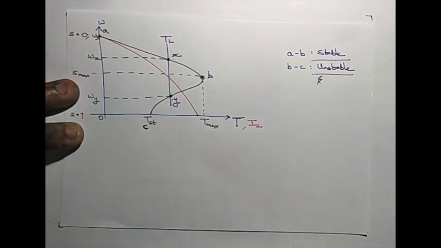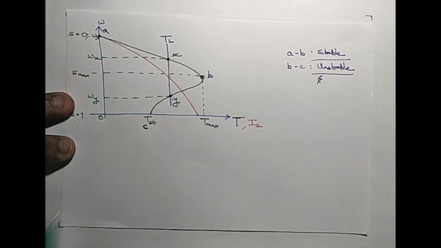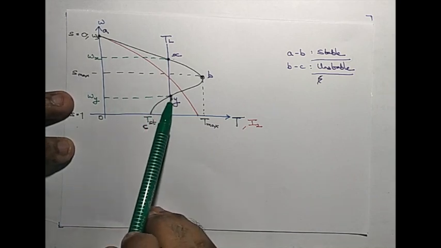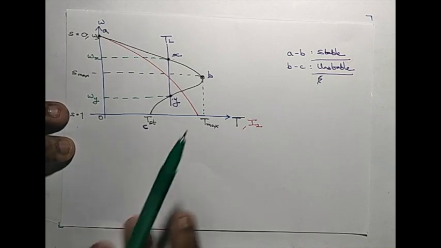If I am not bothered about speed, as long as it is rotating, can I operate it at point Y? Normally we would not prefer to operate at point Y. That is not because of instability, and not because of low speed, but there is something else.